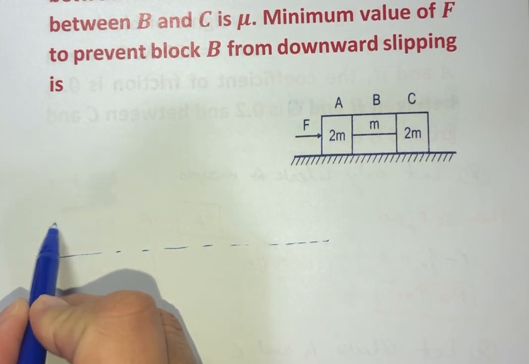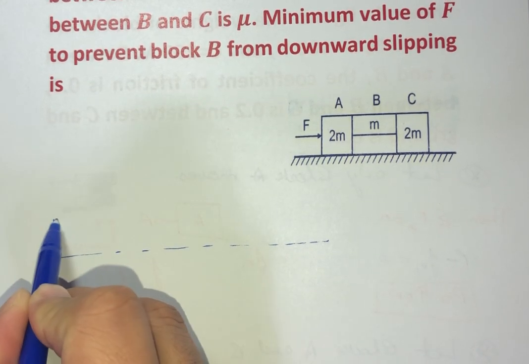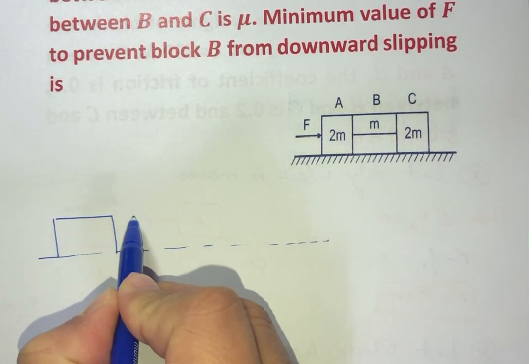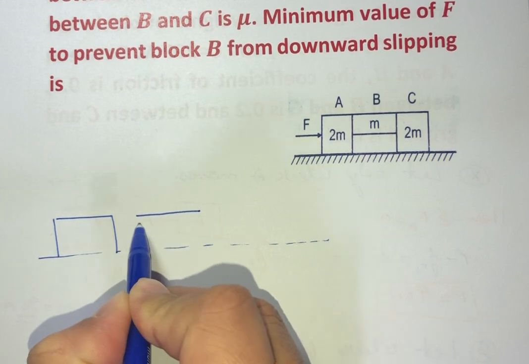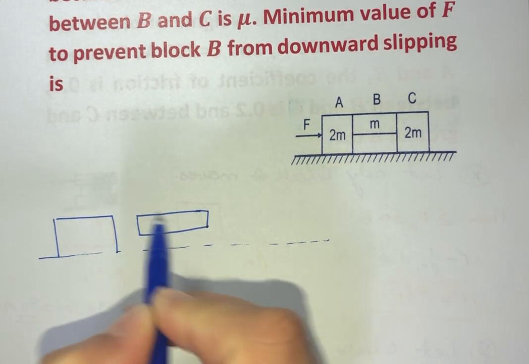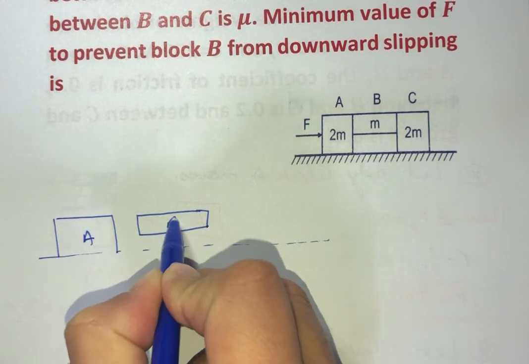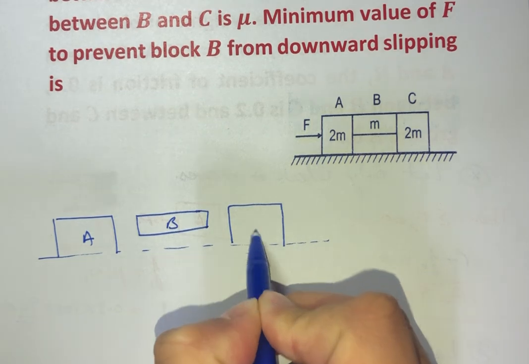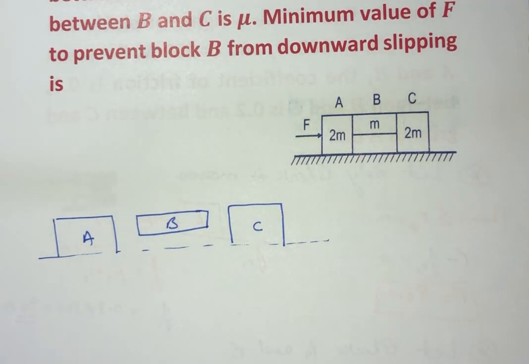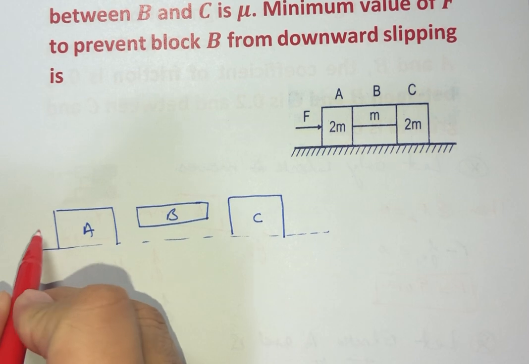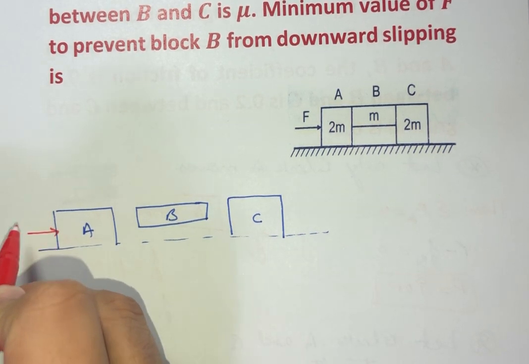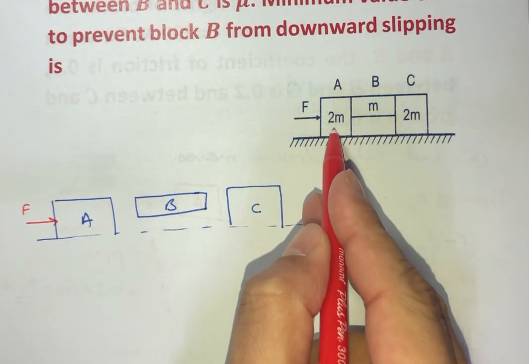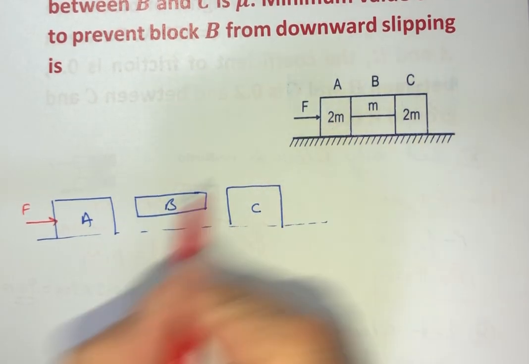So this is our block A, and this is B, and this will be C. Force F is being applied on block A, and its mass is given as 2m.